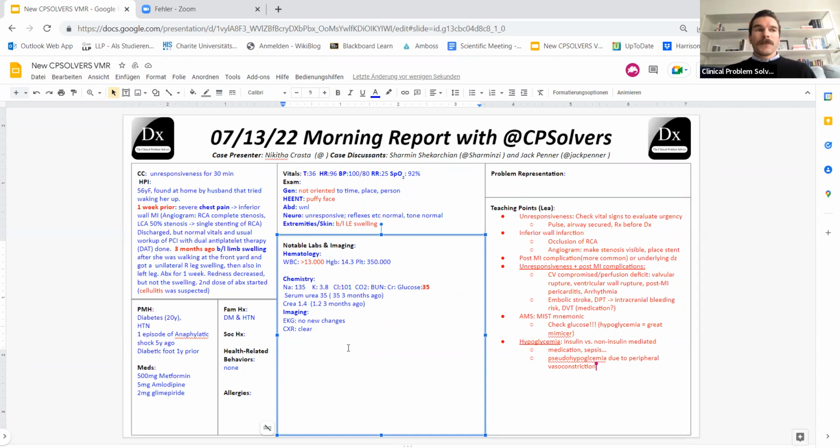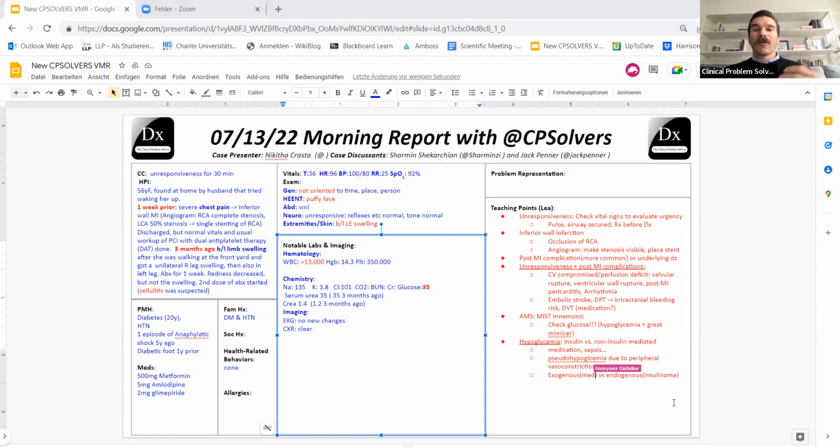In our insulin-mediated causes of hypoglycemia, there is often endogenous or exogenous insulin that somehow gets on board, whether it's an exogenous source like Charmaine mentioned, someone who's on long-acting insulin, or an endogenous cause, which can come from something like an insulinoma. But far more common is that we're dealing with a non-insulin mediated process.